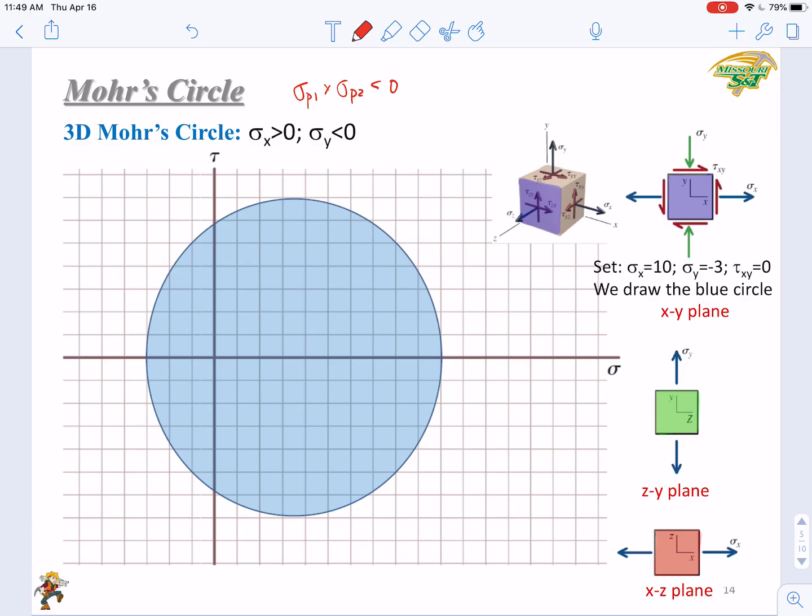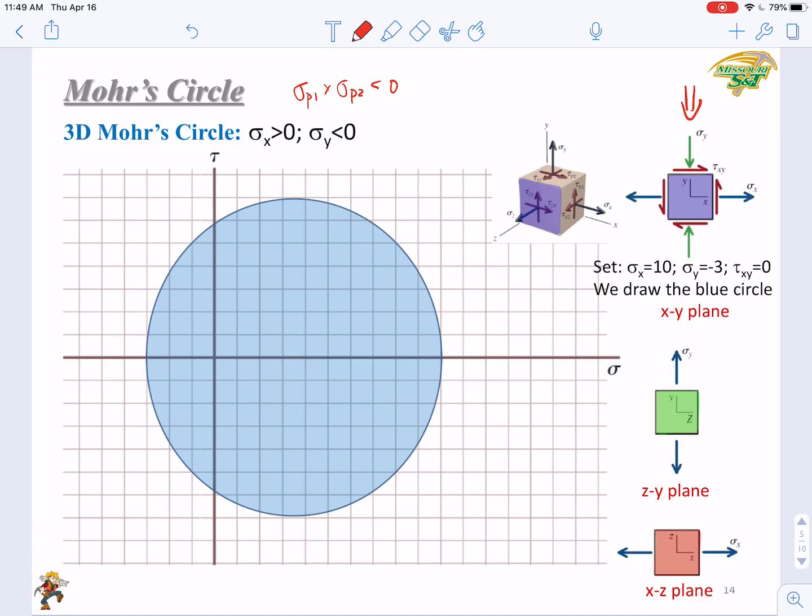In this example, we will consider that the normal stress along the x direction is positive, and the normal stress along the y direction is negative, in compression. Here is the example in which we set sigma x equals 10, sigma y equals negative 3, and tau xy equals 0. This is the stress state on the XY plane.